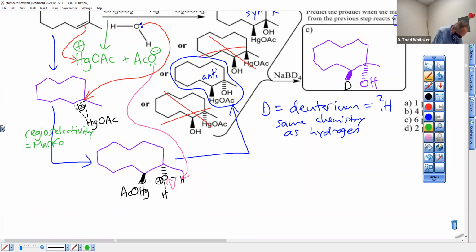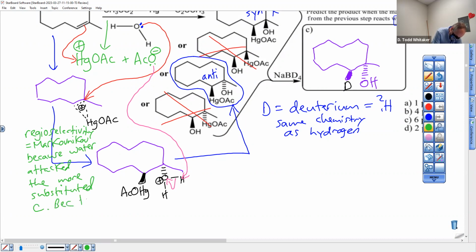You don't get anything really for that, but you do when you explain, because water attacked which carbon? There you go. That's why the O ended up there. More substituted C. And why?